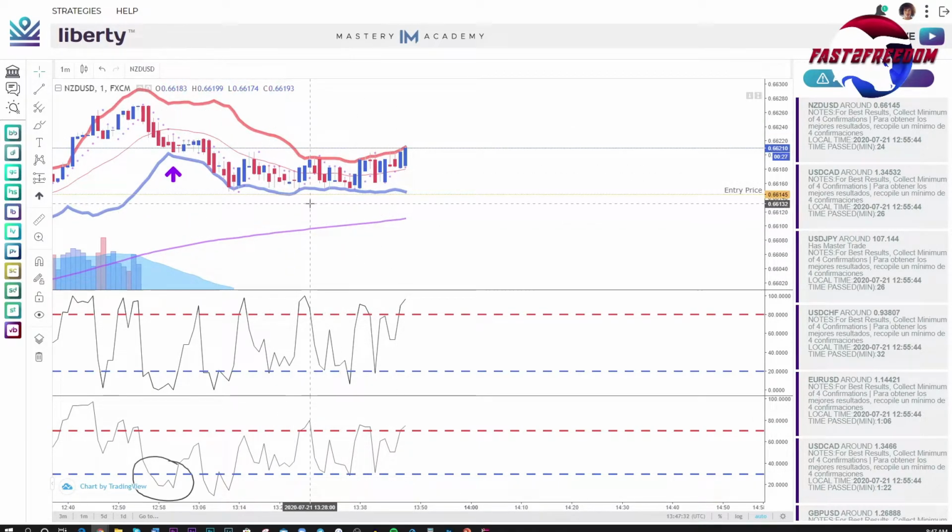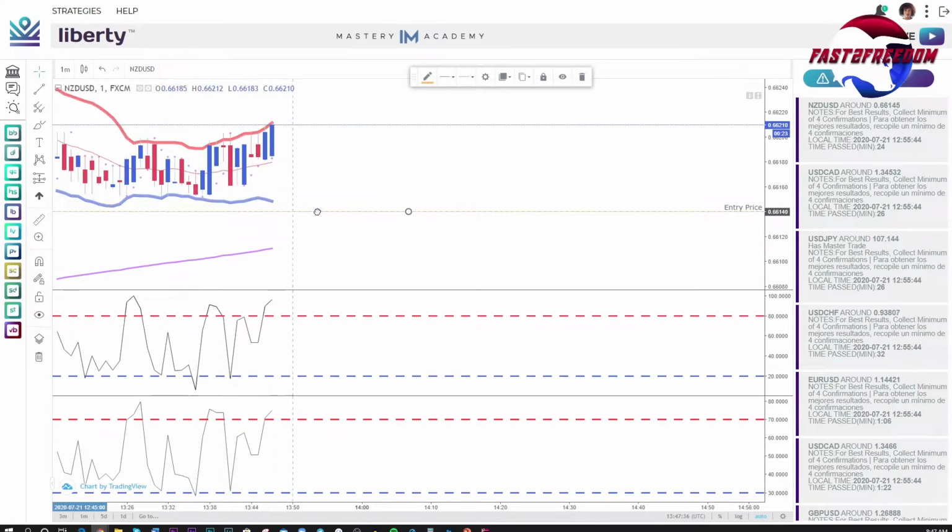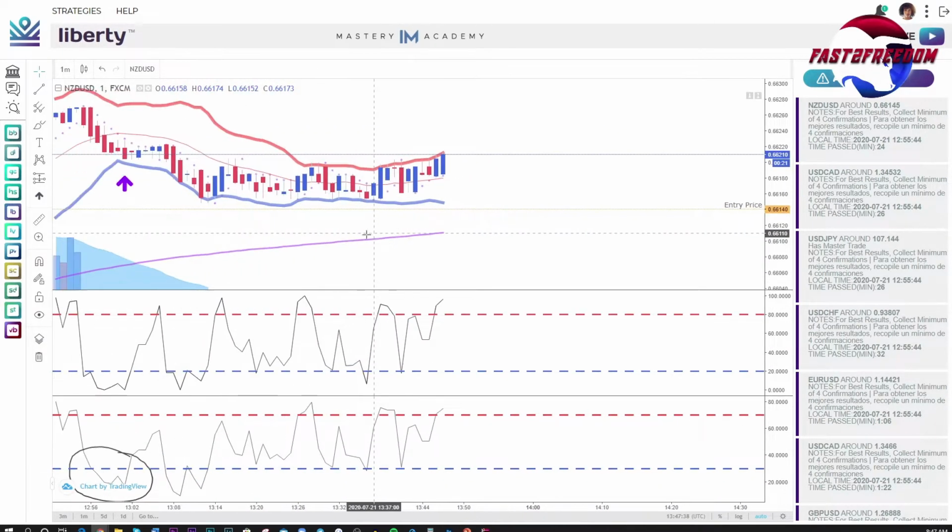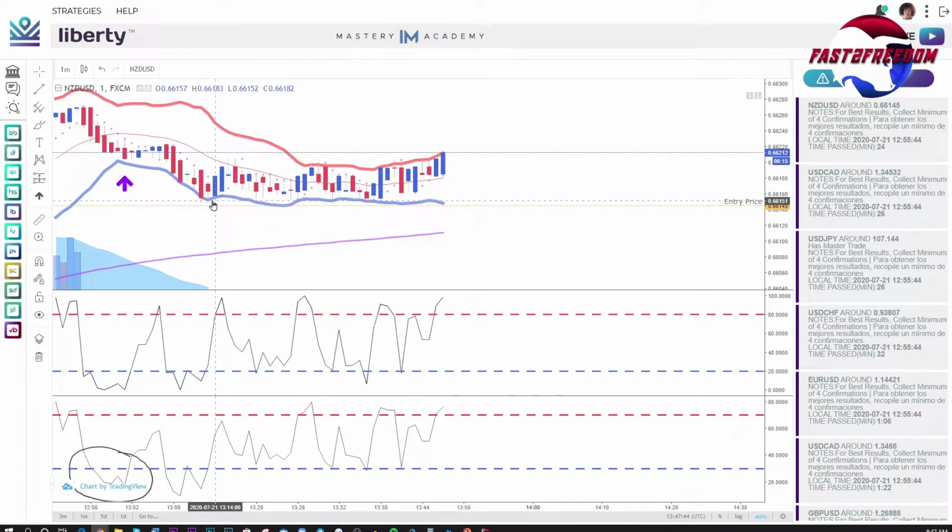When it gets smaller and condensed, what I want to see is your candles touching the bottom of the Bollinger Band. Yes, you could have taken a trade here, but I would have waited, only because I'm looking at the RSI and that's telling me it still has room to continue to go down.